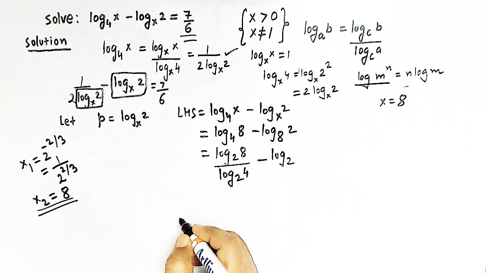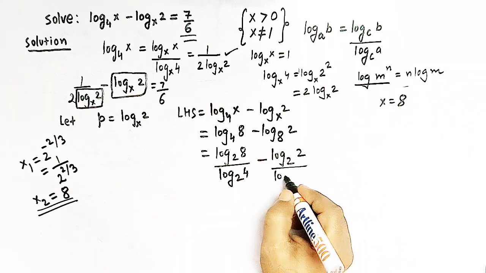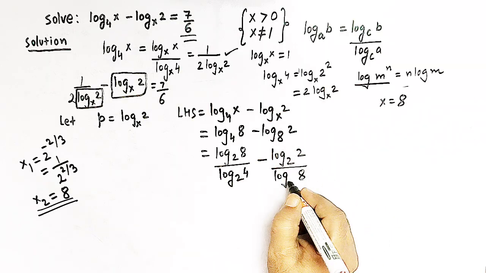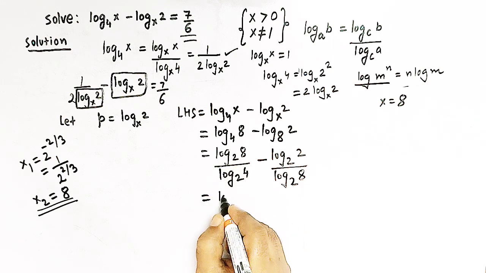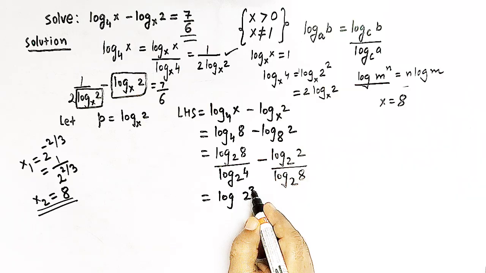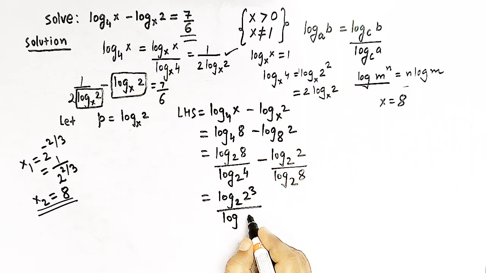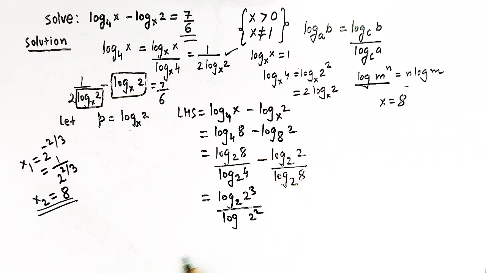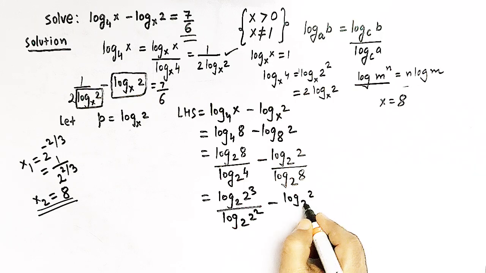So here we have 2, then here we have 2, and then we have log of 8 to the base 2, right? So now here we can write log 2 cube. 8 can be written as 2 cube. Here we have 2, and then we have log 4 to the base 2. 4 can be written as 2 square. Here we have 2. Then we have log 2 to the base 2.